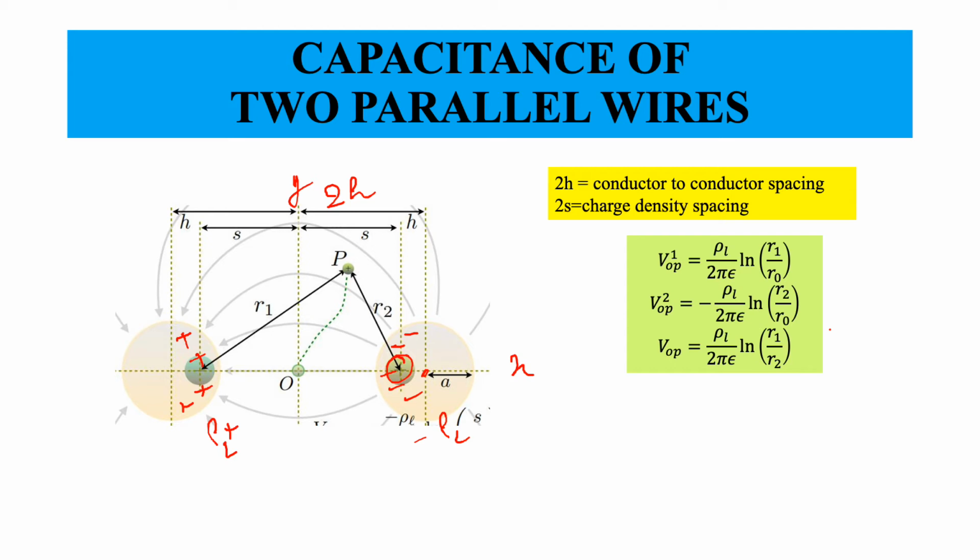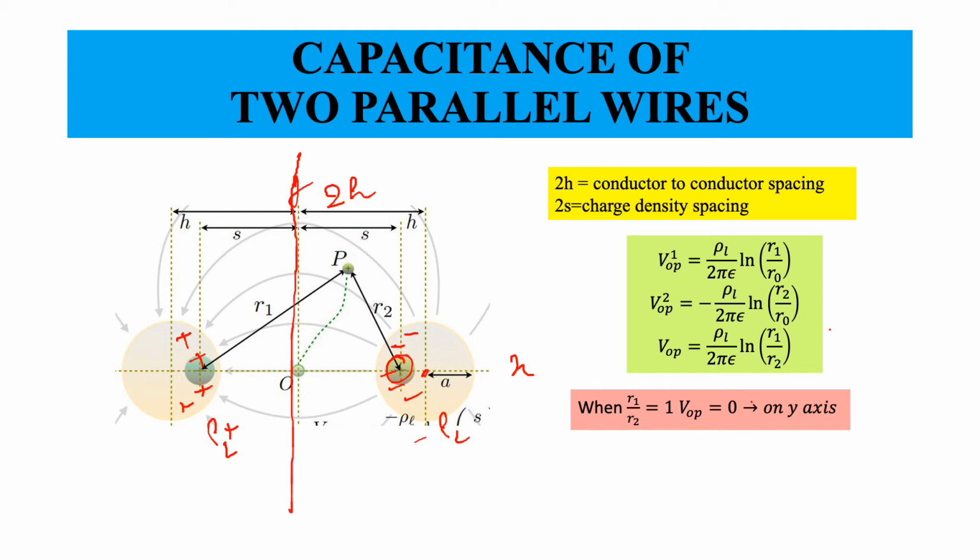Now what is important to note here, apart from all these things, is that the potential would be exactly equal to 0 when the ratio R1 by R2 is equal to 1. So when the ratio R1 by R2 is equal to 1, it means all the points which are equally distant from the positive charge density and the negative charge density. When they are equal, then the ratio will be equal to 1 and the potential V of P will be 0.